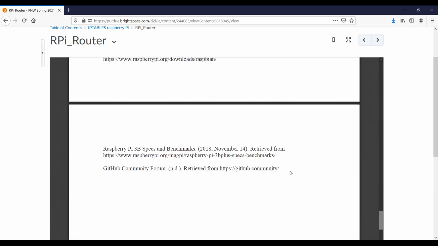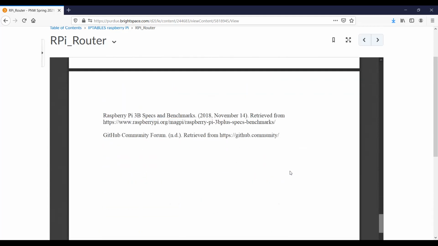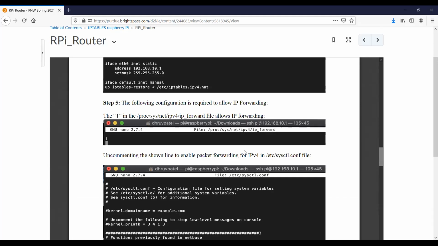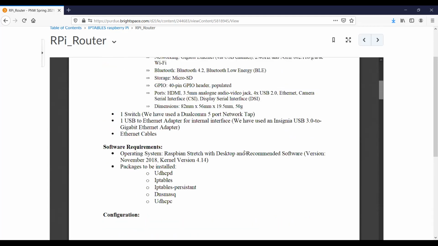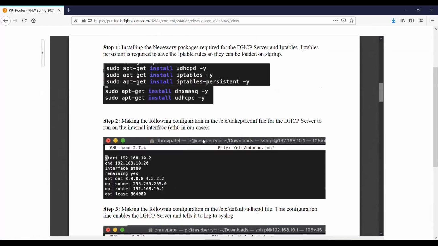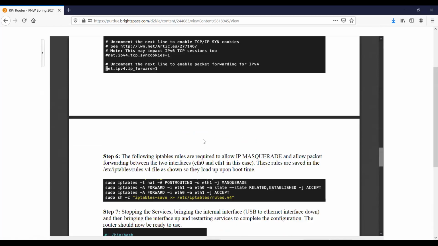And that's it. As you can see, it's not even a very long document. This is not required, but I thought it'd be fun for some of you to at least read through. This document is just specific to the Raspberries and how to make them into a router.